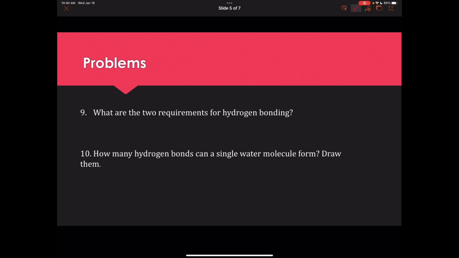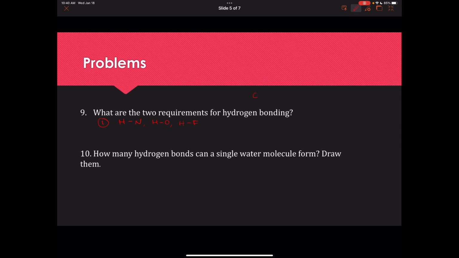So again, we've got two requirements for hydrogen bonding. We have to have hydrogen present. Now, just because hydrogen is present does not mean there's hydrogen bonding. We must have hydrogen bonded to nitrogen, oxygen, or fluorine. That's the first criteria.